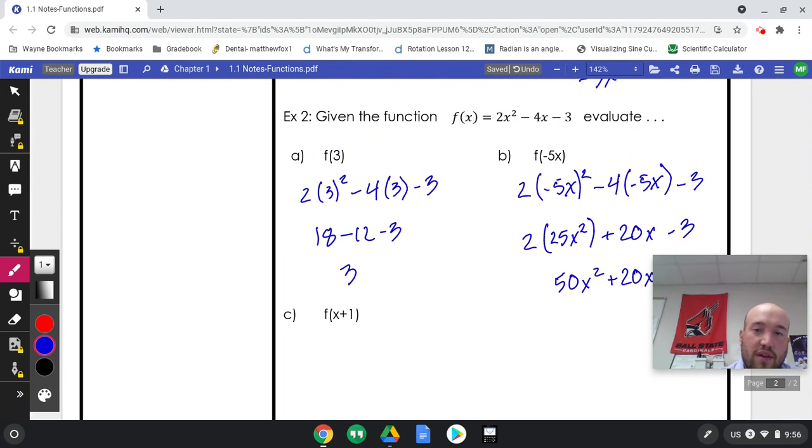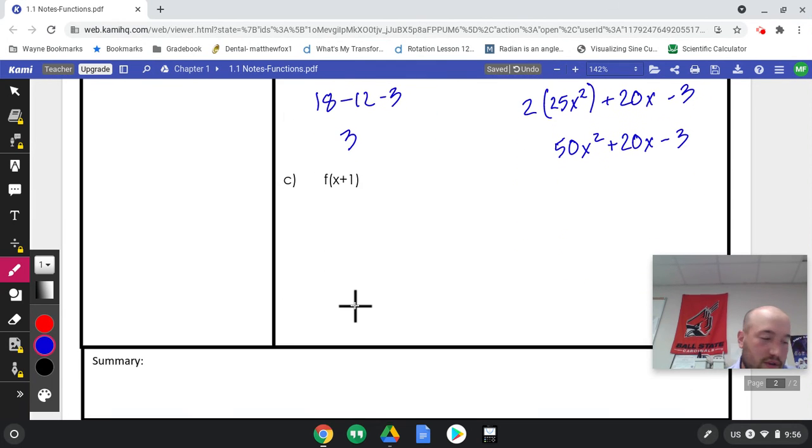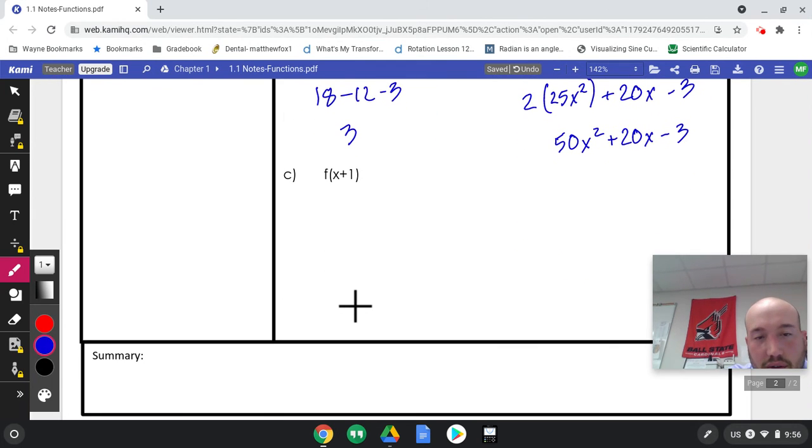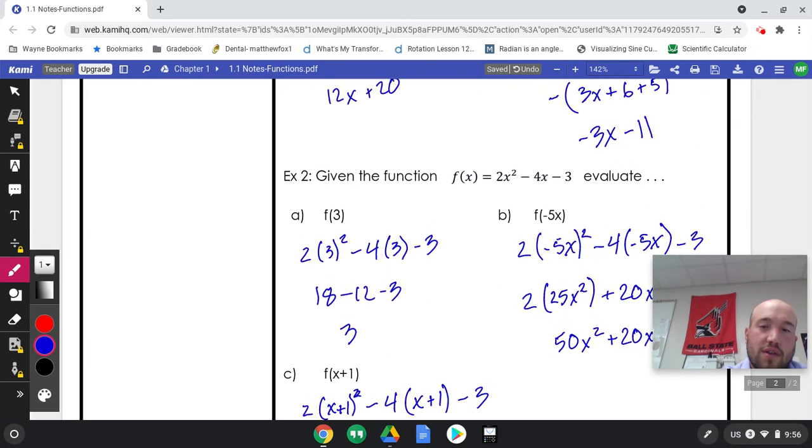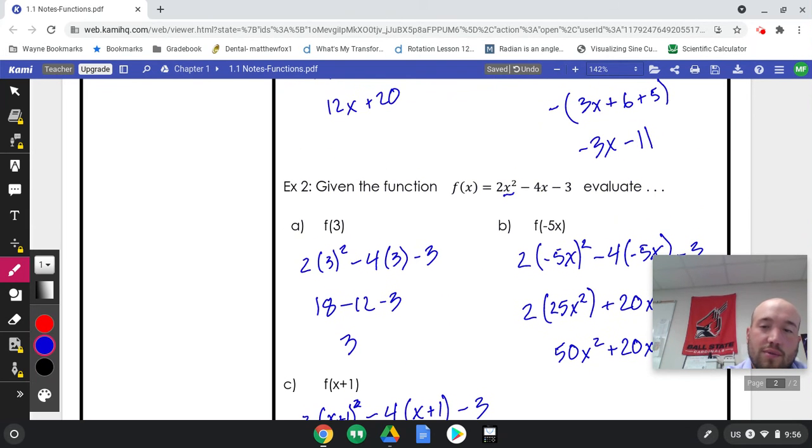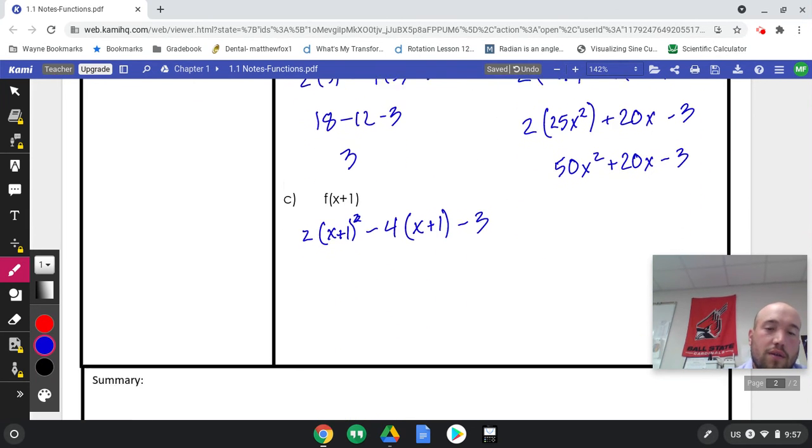Okay, final one. Instead of an x, we're going to plug in this x plus 1. So this will be the most complicated because when we have x plus 1 squared, we'll have to make sure we remember how to do that. And then it's minus 4 times that x plus 1 and the negative 3 at the end. So once again, we plugged in an x plus 1 there and there.